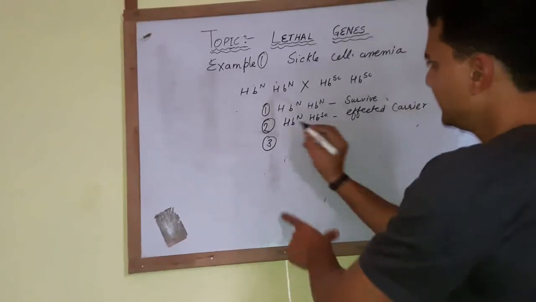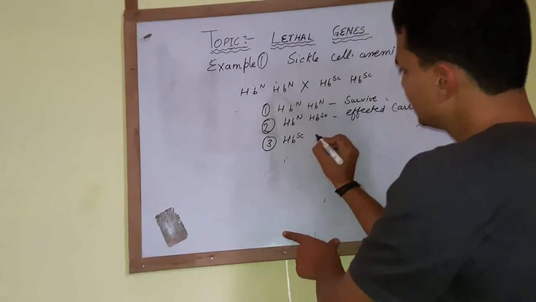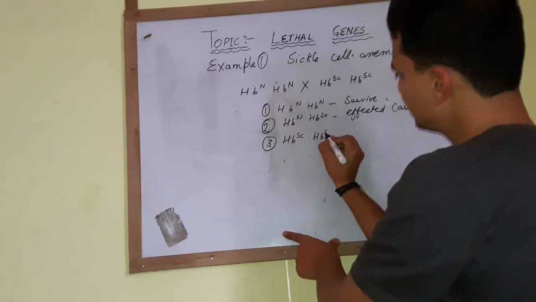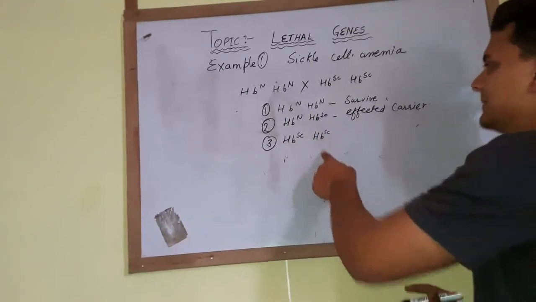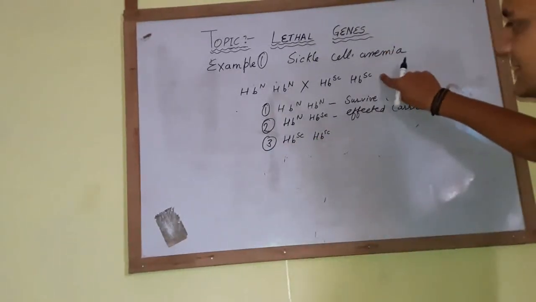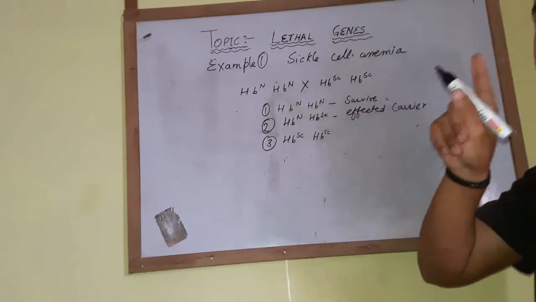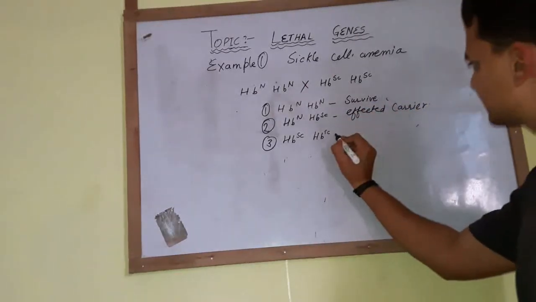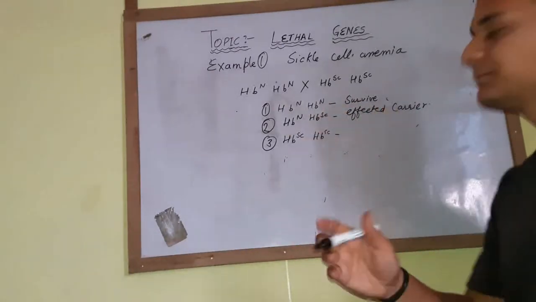The third case will be hemoglobin sickle cell, hemoglobin sickle cell. This offspring that we will get from such a cross, you must be sure, will be perfectly affected and will die, right?